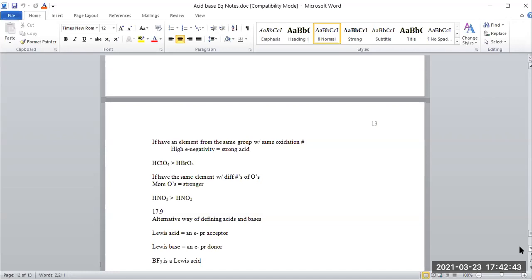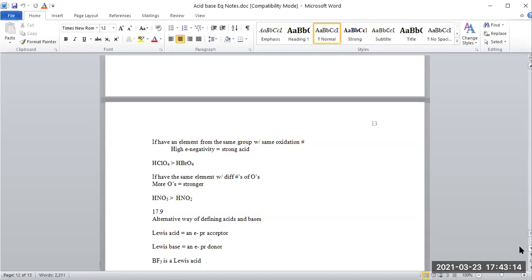If you want to dissolve a body, okay, nitric acid, HNO3, is a good choice. So is sulfuric acid, H2SO4. On the other hand, nitrous acid, HNO2, is not as powerful. You have fewer oxygens. It is a weak acid in comparison to the nitric.